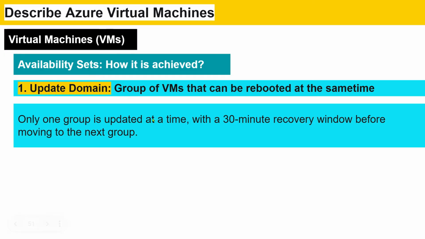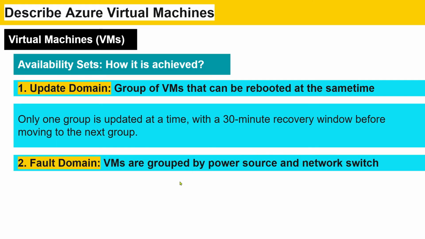Only one group is updated at a time. Let's say I've got 3 groups. So I update one group at a time with a 30 minute recovery window before moving to the next group. Pretty simple. So this is called update domain, a group of VMs to update your systems.